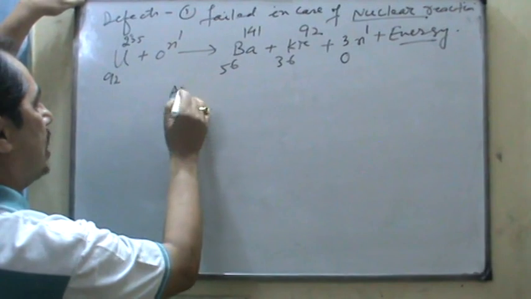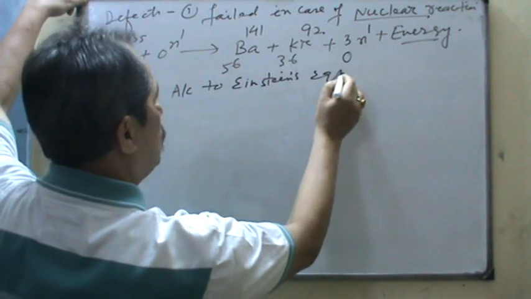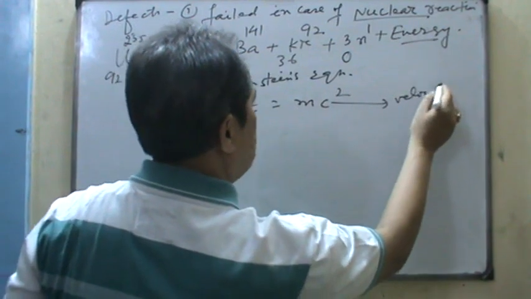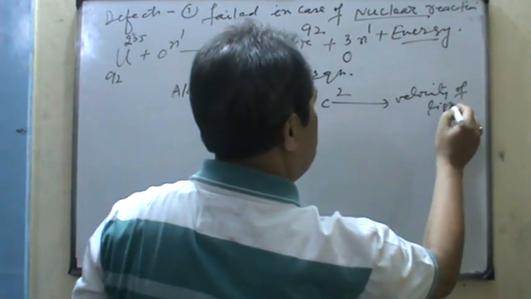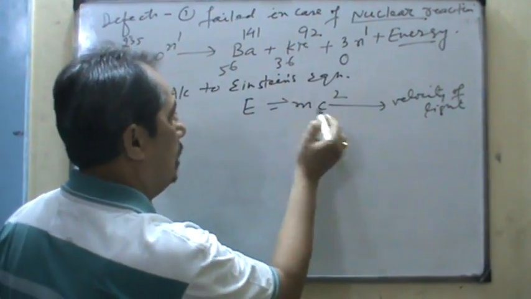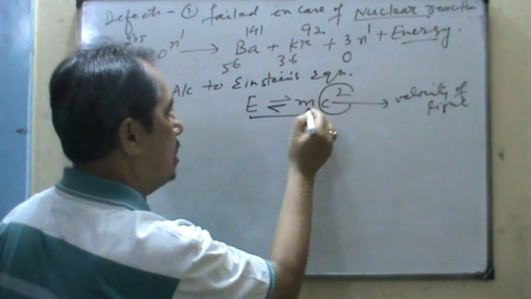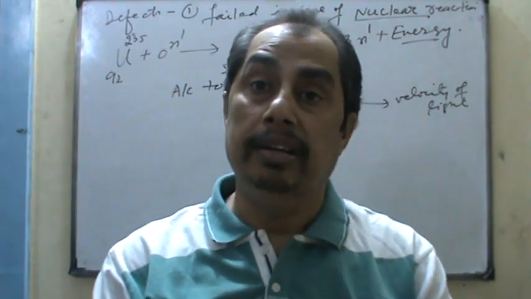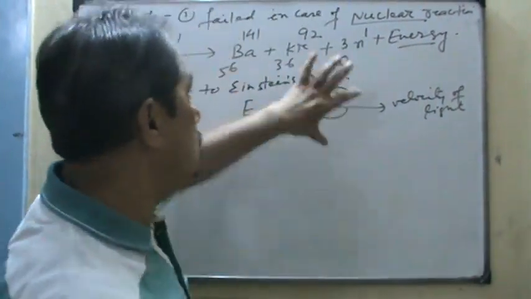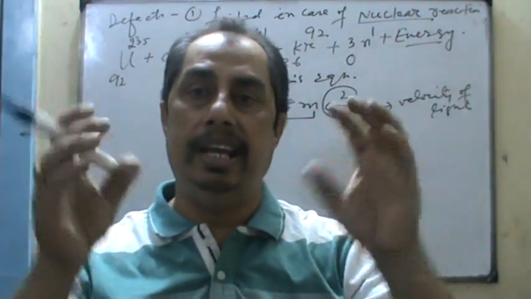Therefore, according to Einstein's equation, E is equal to mc square, where c is the velocity of light, which is constant. We will study this equation in the coming chapter on atomic structure. If c is constant, energy changes into mass, and mass comes back to energy. So energy and mass are interconvertible. Therefore, this law was further modified and is known as the law of conservation of mass as well as energy.